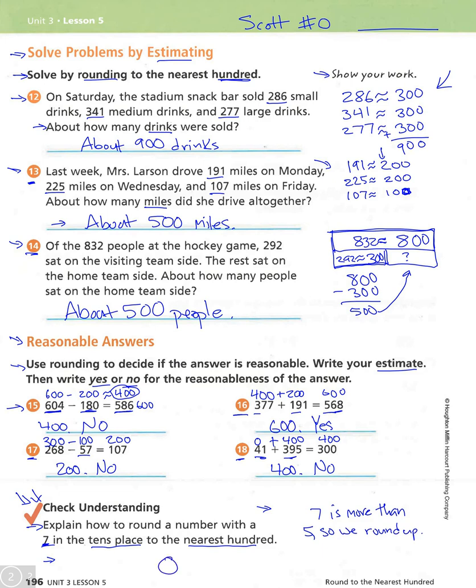So if this is our low number, this is our high number, whatever's going to be in the middle is going to be 5 something. It could be 50, it could be 150, 250, it could be just 5, it could be 15. It's going to be 5 something. So we're really comparing to that 5. And if it's 5 or more, we're going to round up. If it's 4 or less, we're going to round down, right?